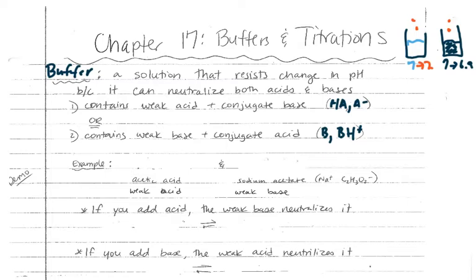So basically it contains a weak conjugate acid-base pair. An example of one is acetic acid, HC2H3O2. That's a weak acid. And its conjugate base is C2H3O2 minus.